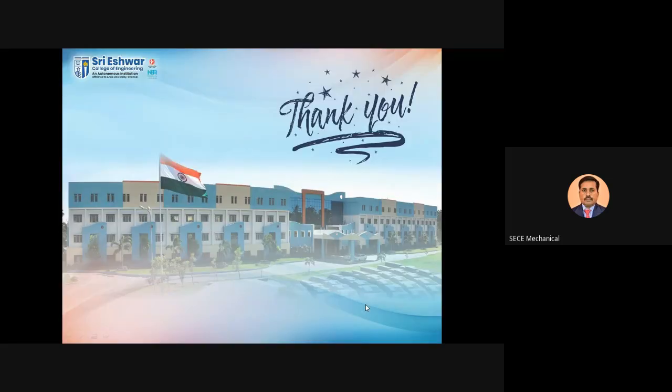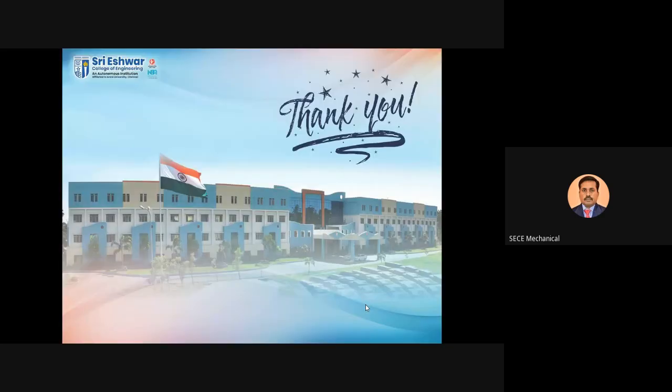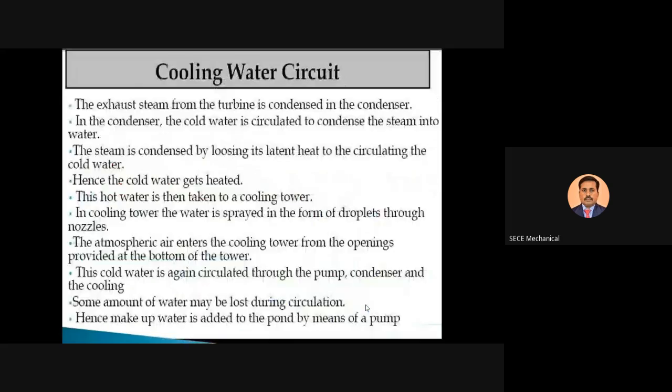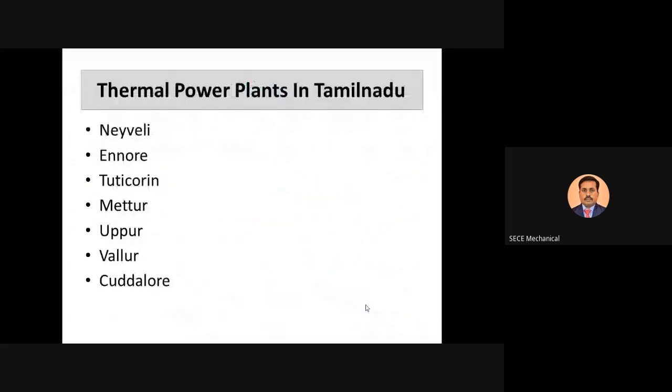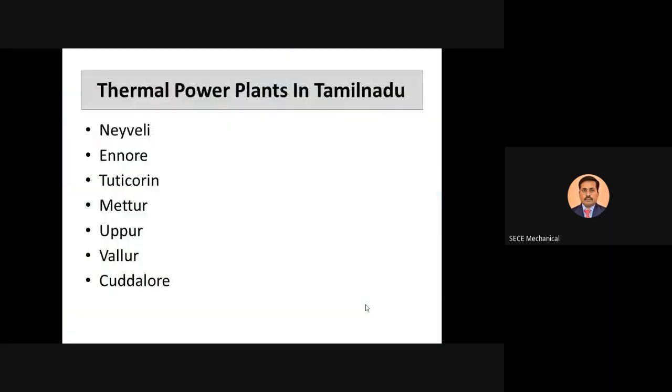Any questions? From the next class onwards, you can use the same link, because it's a common link. You can use the same link for all classes. Do you have any doubt? Now the first chapter is over.